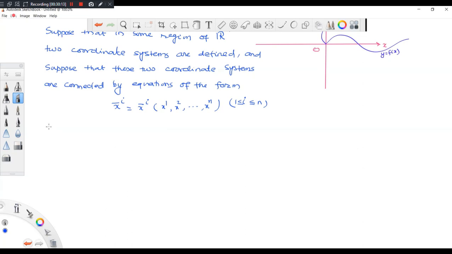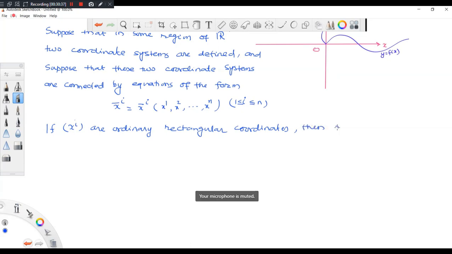If x_i are ordinary rectangular coordinates, then x bar i are called curvilinear coordinates.